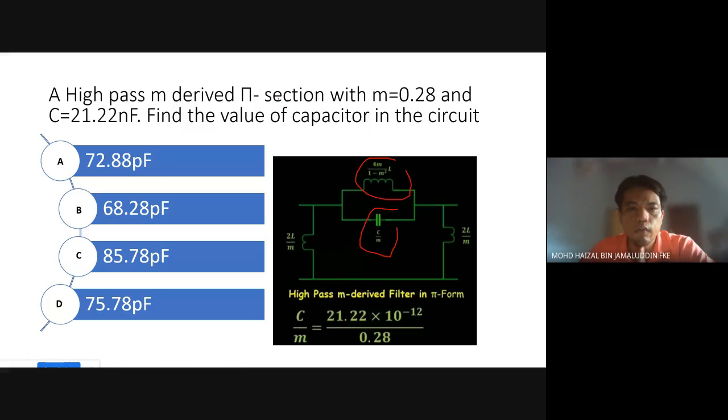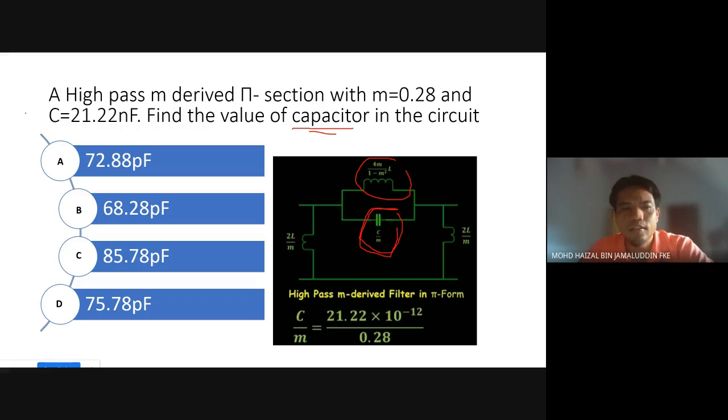So here it asks to calculate the value of capacitor in the circuit. The only capacitor in the circuit is here. So it's just a simple C divided by m.